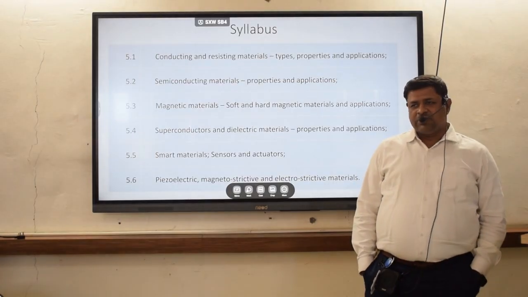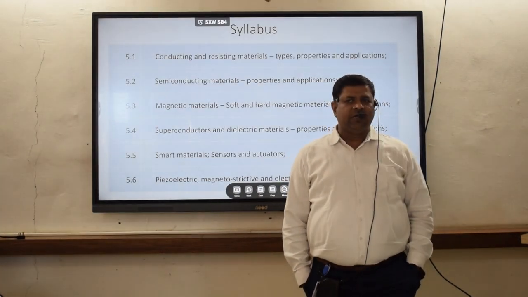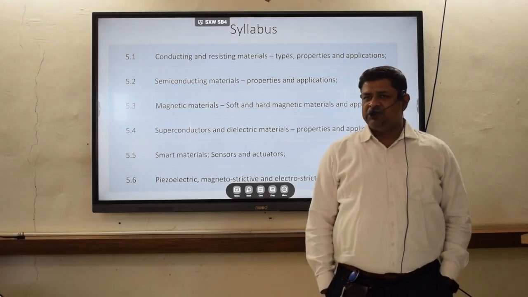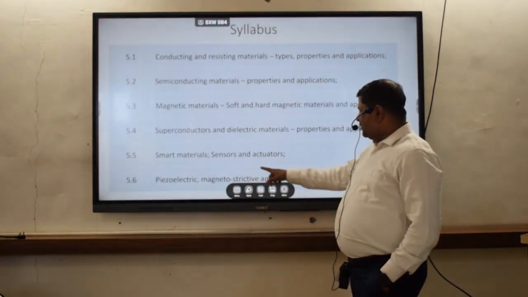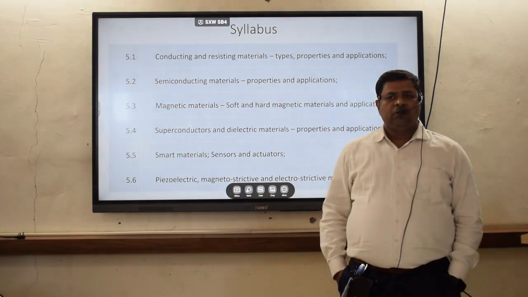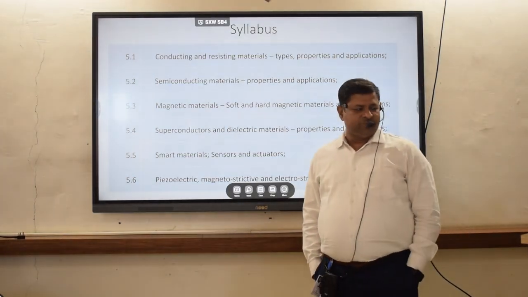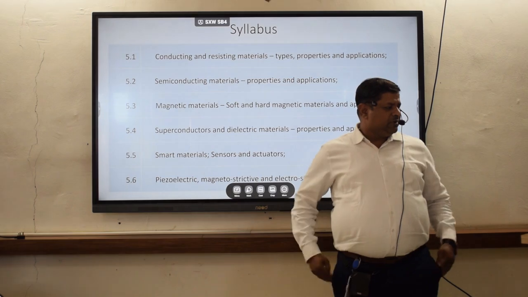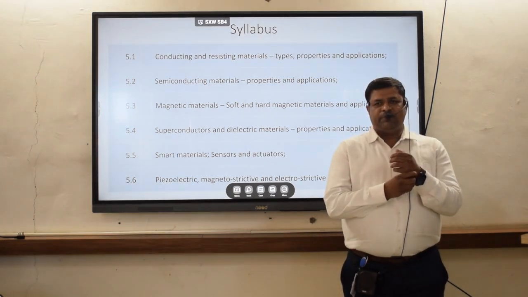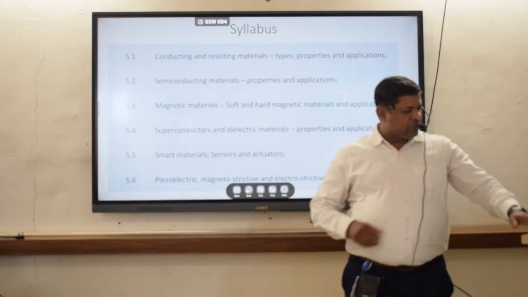You will have a more detailed discussion on sensors and actuators when you go to third year or final year, as you will have that kind of specialization. Then we will also see piezoelectric materials, magnetostrictive materials and electrostrictive materials.